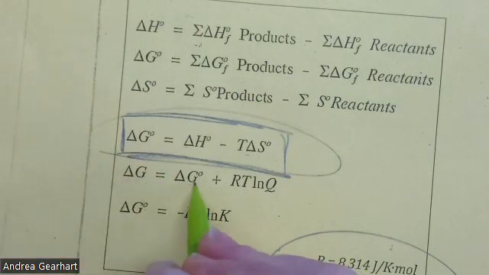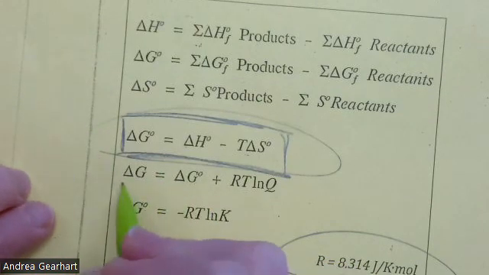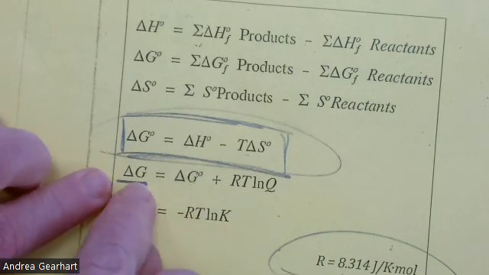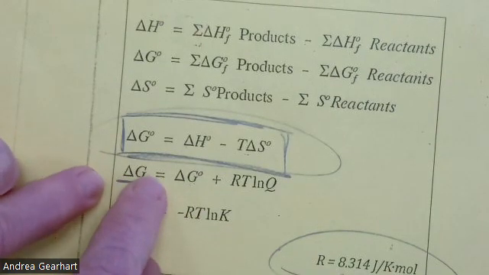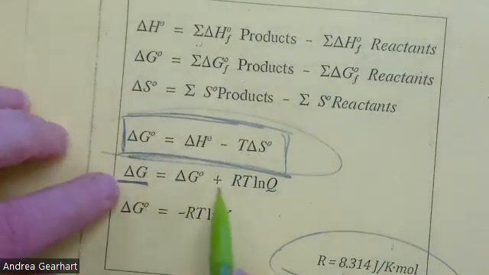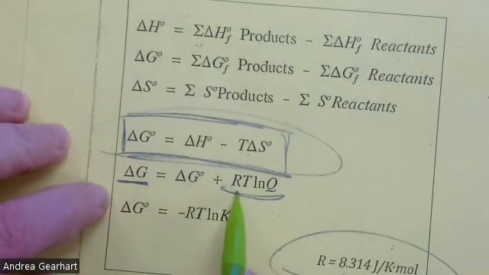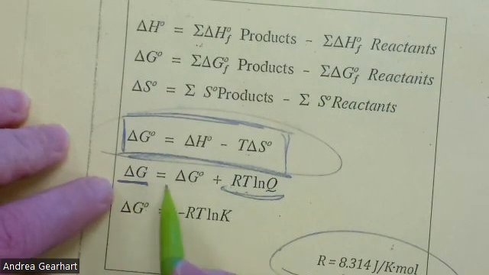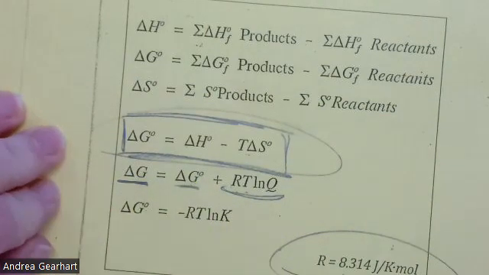So most times, reality delivers a delta G, non-standard delta G, which we would interpret the same way, negative, positive, etc. We need a correction factor if we're not at standard conditions.